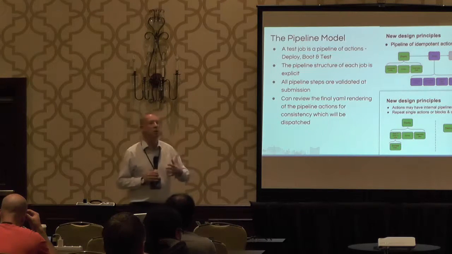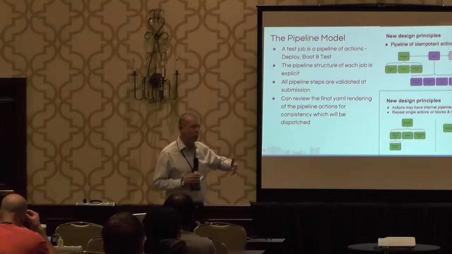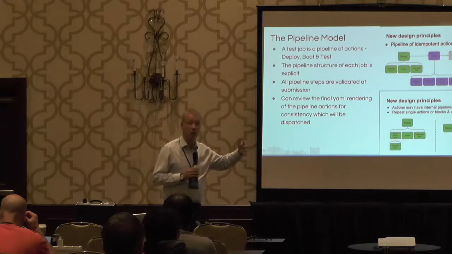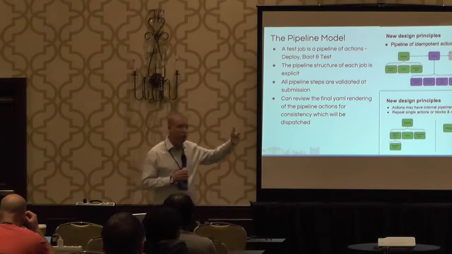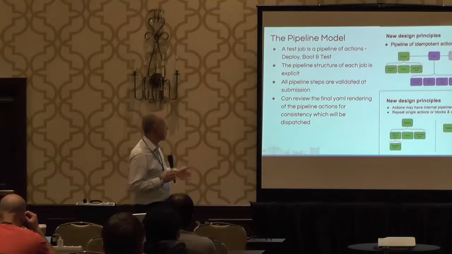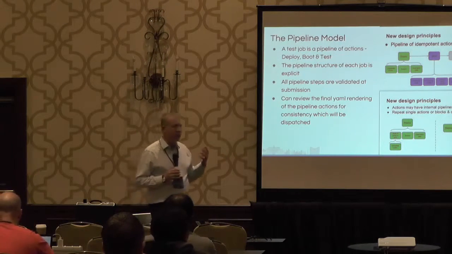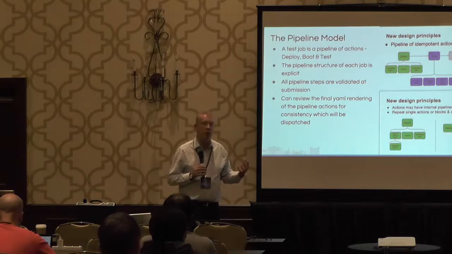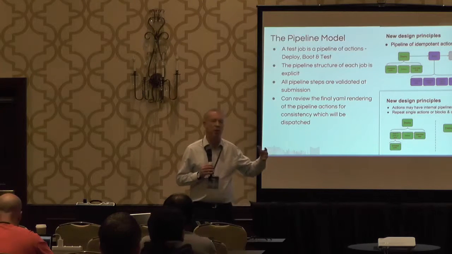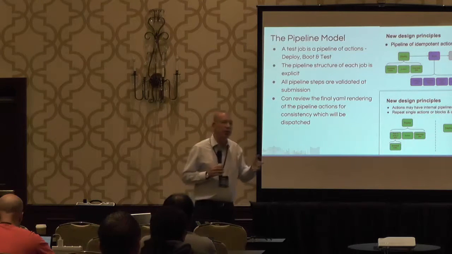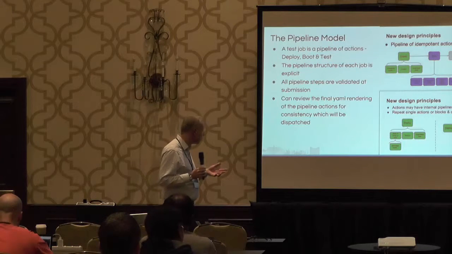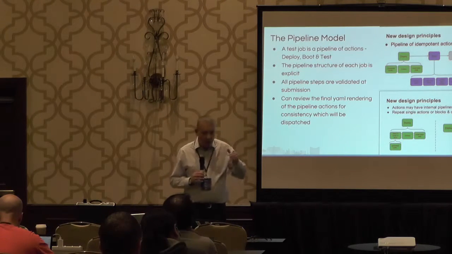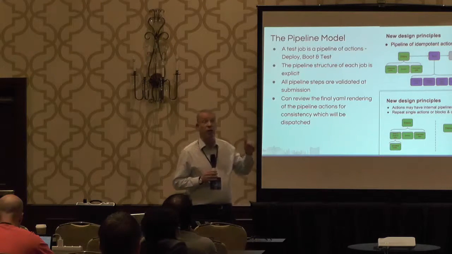So in terms of the description of the job in a file, you can see where the actions are. And the syntax describes the actions in the pipeline. The pipeline is completely visible. It's validated when you submit the job. It doesn't run through to a certain point and then find, oh, it has a problem or you didn't specify something correctly.